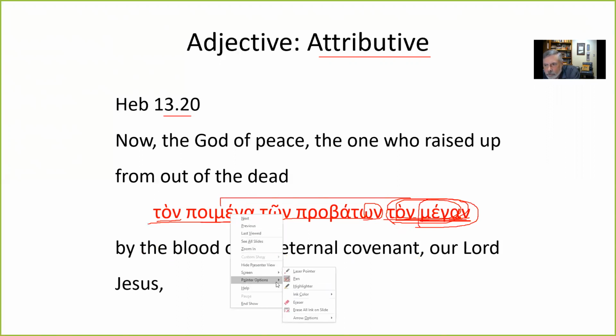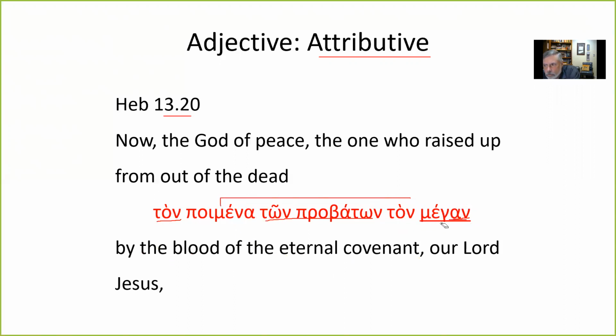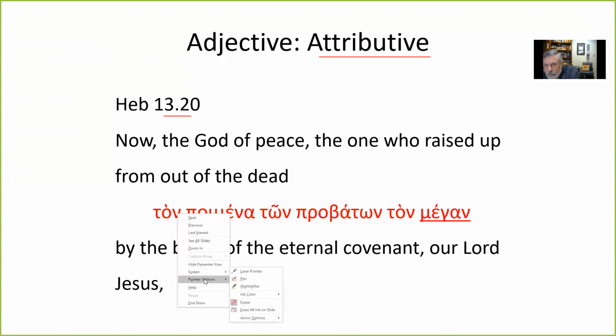I probably need to walk through that a little slower, I think. The key that you need to recognize is that this ton megon, great, is in agreement with this ton poimena.